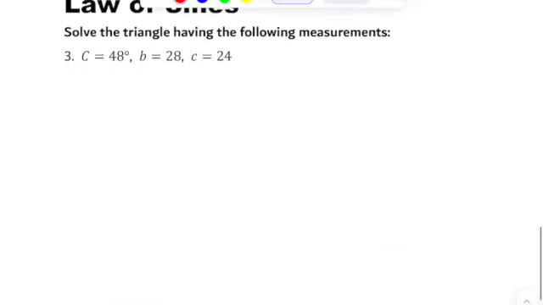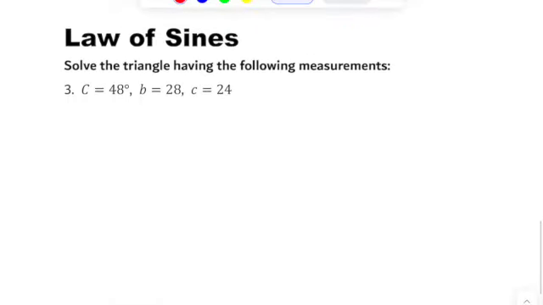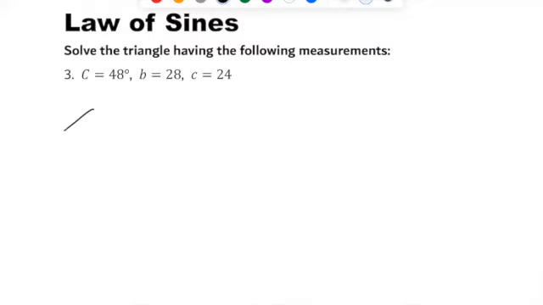And so let's take a look at this third example here, and you may be able to see where we're going with this. I've given you angle C is 48 degrees. Side B is 28. Side C is 24.